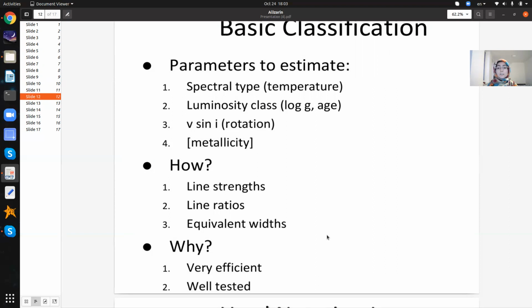It is better to compare them and take the ratio, not measure each one individually. The ratio is more precise than measuring them individually, because it is more tested and very efficient.